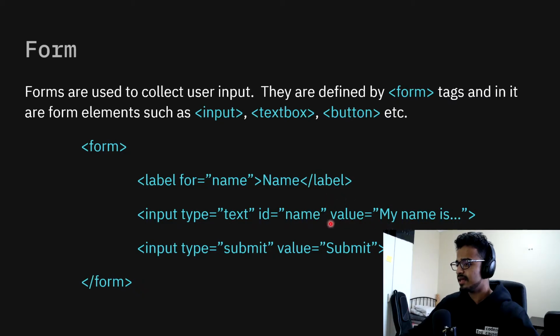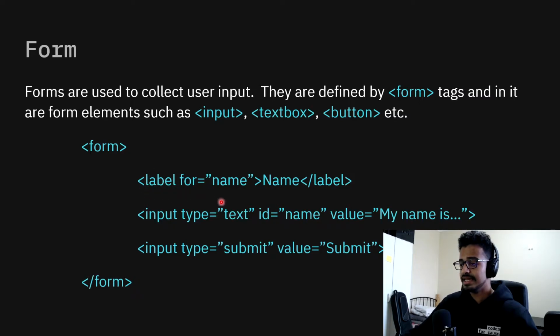Typically you would use placeholder so that they know what they could type in it, but they've used value here. I'll show an example right now. Label is used to assign a name to that input field. If you see the for attribute here, it says name, and that tells this label tag that this is the label for the input tag with the ID name.